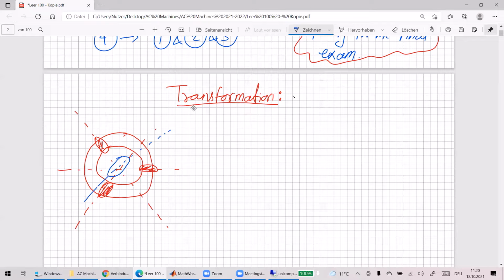This is our phase A winding, this is phase B winding, and this is phase C winding. And of course, on the opposite end, you will also have another winding. I would use a different color.